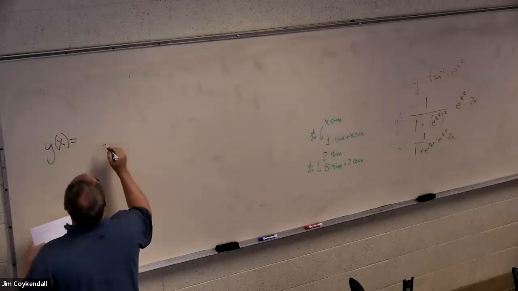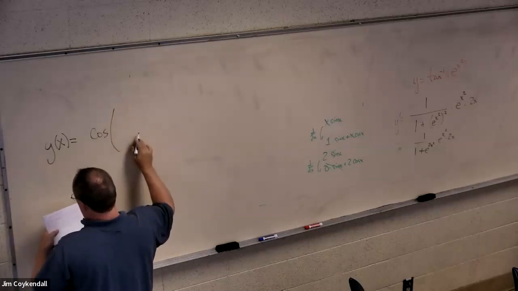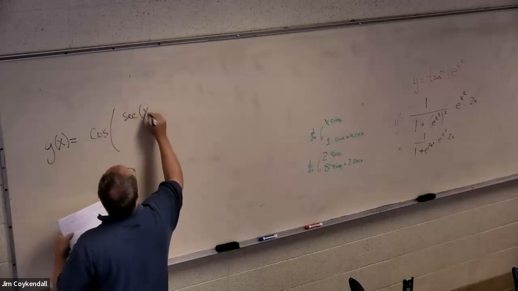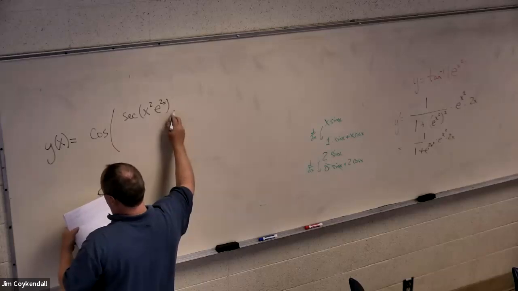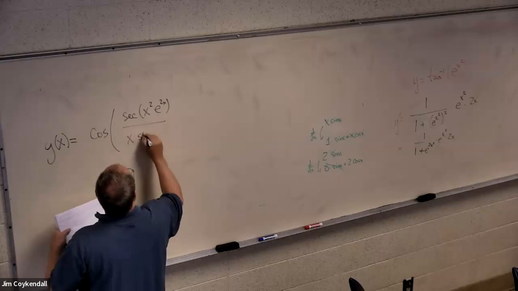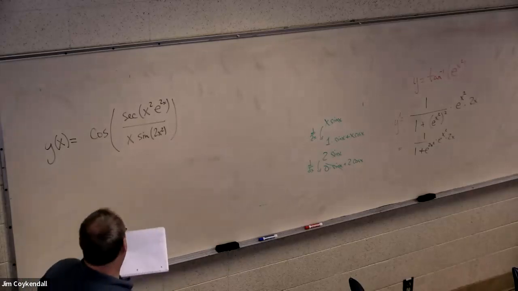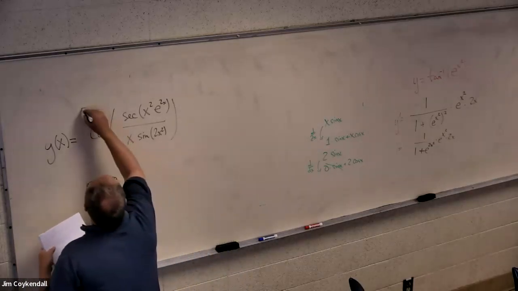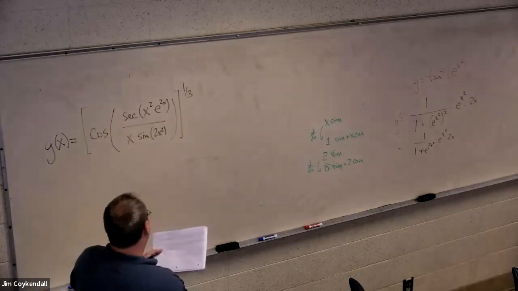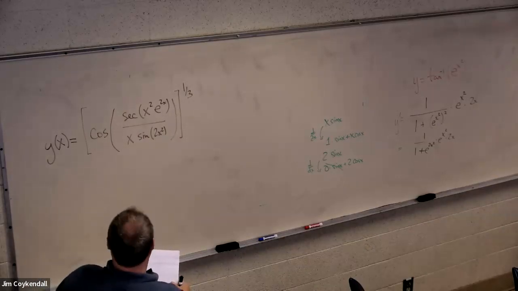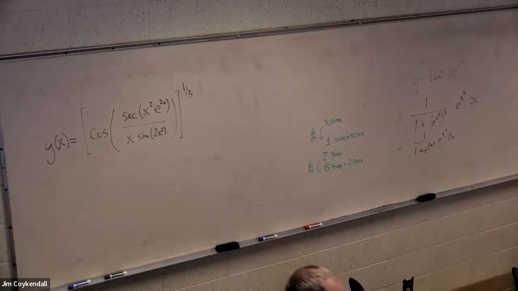This is what the problem would be now: cosine of secant of x. Okay, yeah, this is it. This is kind of off, so we'll do it.